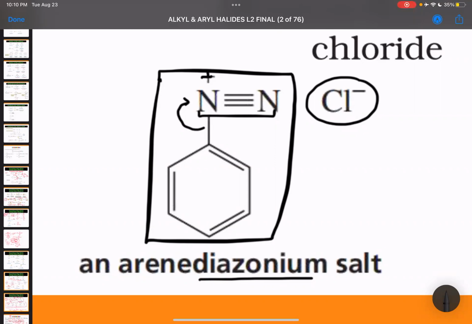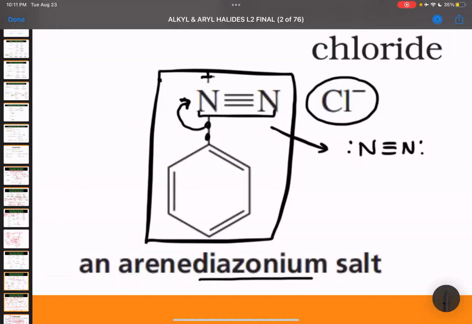And it will have a tendency to break away from the benzene ring. Why will it break away? How will it break away from the benzene ring? By taking the electrons bonded to the benzene along with itself, so that it can come out as N2.